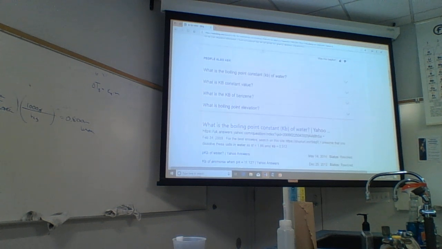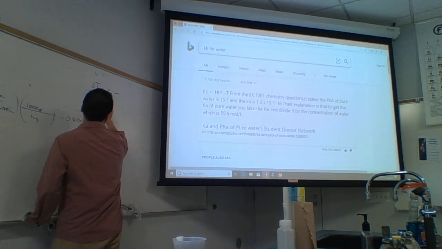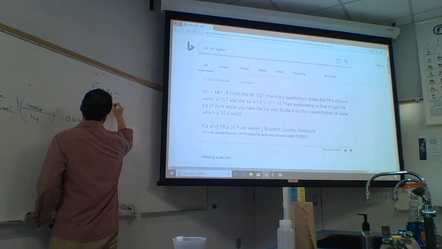The book says 0.52 degrees Celsius per molal.